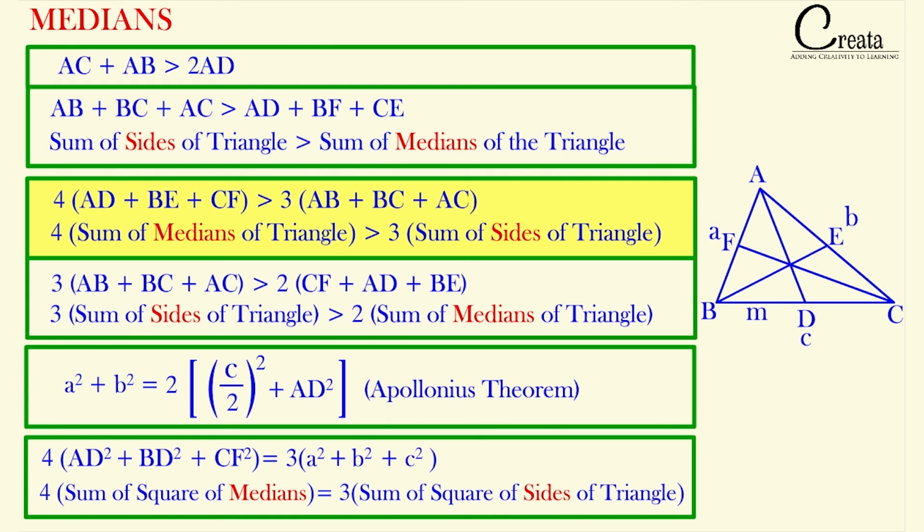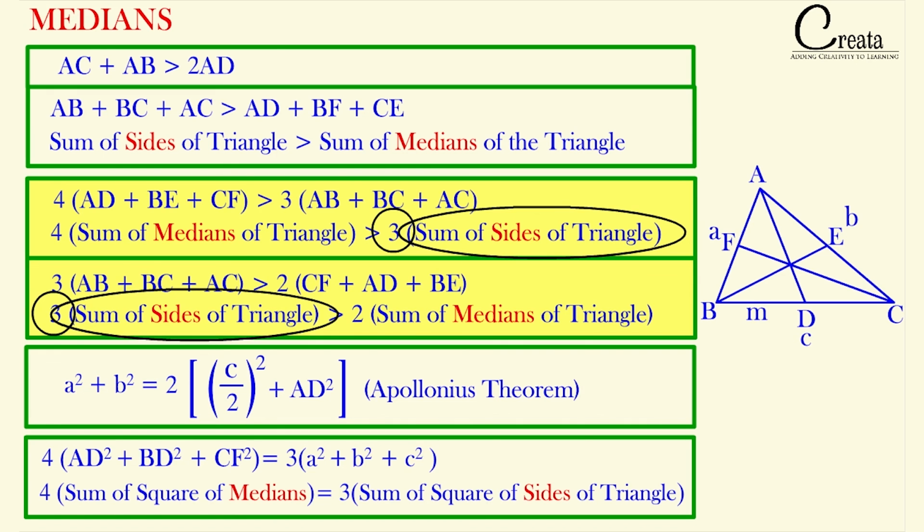Then we have seen these two relations, that are 4 times the sum of the medians of the triangle is greater than 3 times the sum of the sides of the triangle, and 3 times the sum of sides of the triangle is greater than 2 times the sum of medians of the triangle. If you observe these two relations, there are chances that you may interchange the numeric 4 with the 3 or 3 with the 2. So the remembering technique is that the numeric 3 will always come with the sides of the triangle.